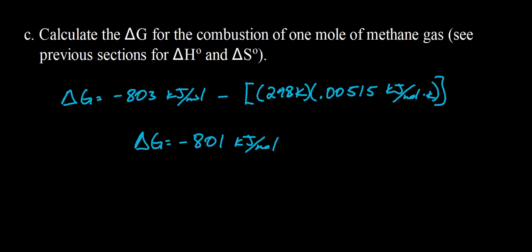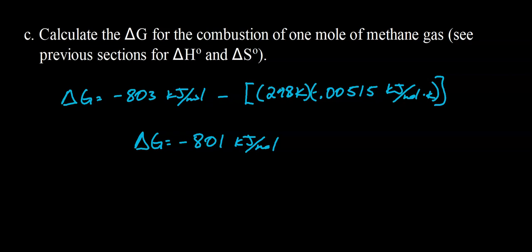All right, so we calculated delta H for the combustion of 1 mole of methane earlier in the notes, negative 803 kilojoules per mole, minus T delta S, where our delta S was negative. I may have done this wrong. Let me pause and make sure I got the right numbers here.